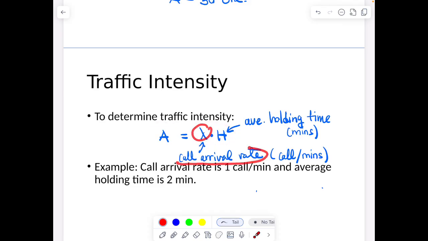It's the call arrival rate, in terms of number of calls per minute, or per hour, or per some time unit. Okay. And then H, capital H, is the average holding time. This is in terms of minutes or hours. Okay. But when you put these two numbers together, the units for time have to be the same. Okay. And then at the end, you get an A, or traffic intensity.